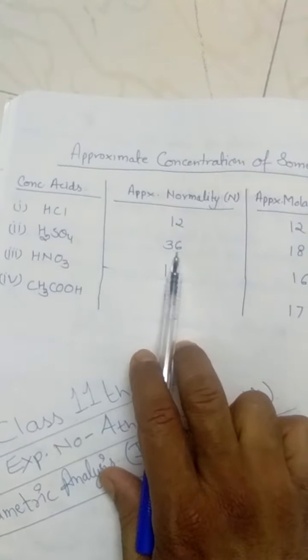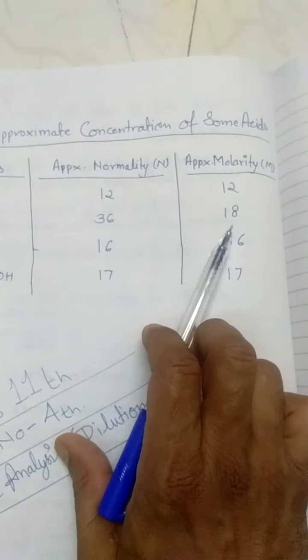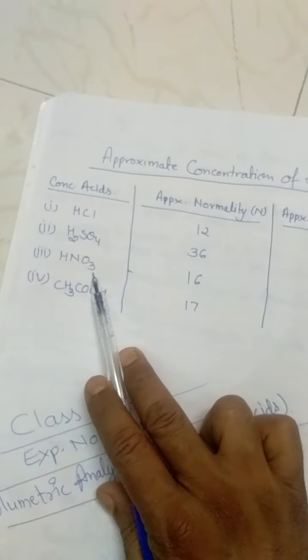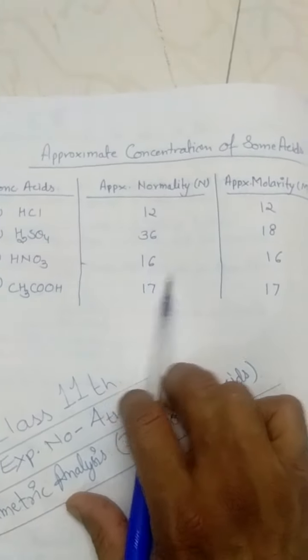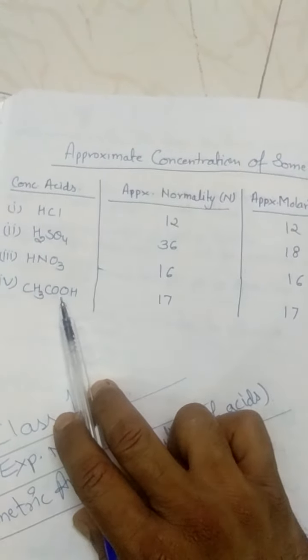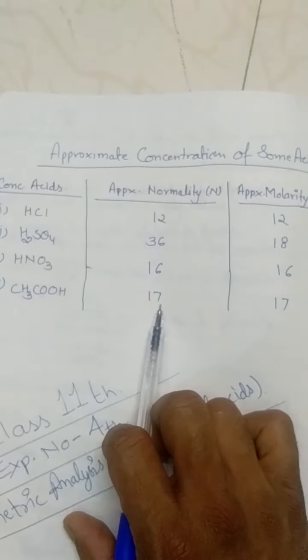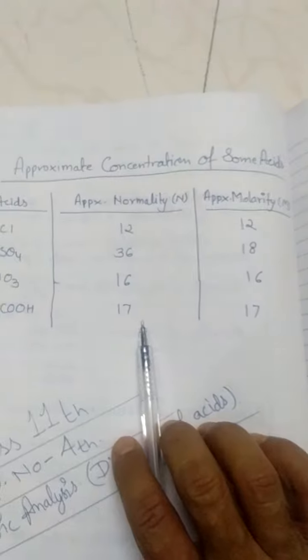Sulfuric acid, normality is 36 and approximate molarity is 18. HNO3, nitric acid, has 16 normality and 16 molarity. Similarly, acetic acid has 17 molarity and 17 normality. So this is the marketed concentrated acid.